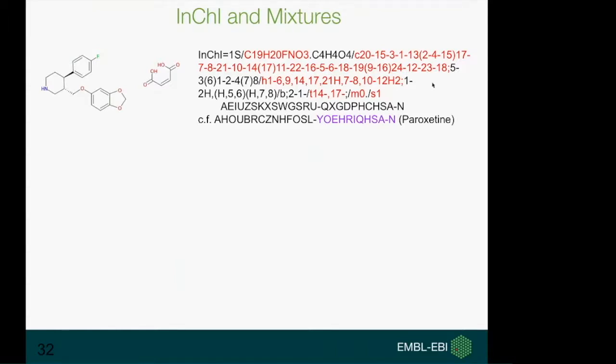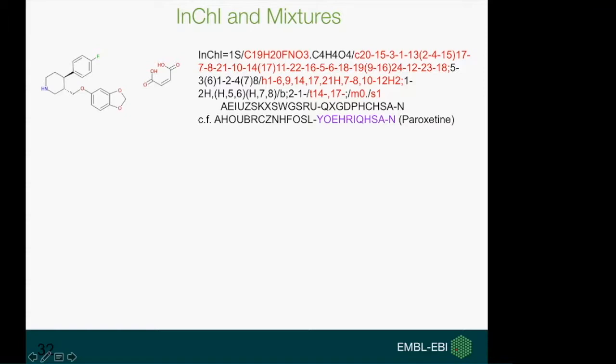If we take, for example, this maleate salt, I think, of paroxetine, you can see that not only is the second part of the InChI key different, but the first part is totally different. So on the face of it, you can't just identify the parents, shall I say, with the InChI key.